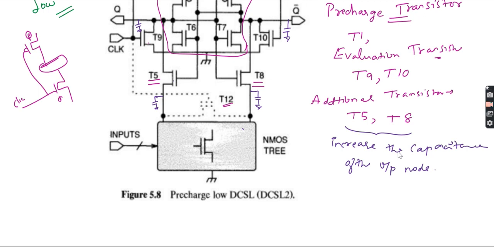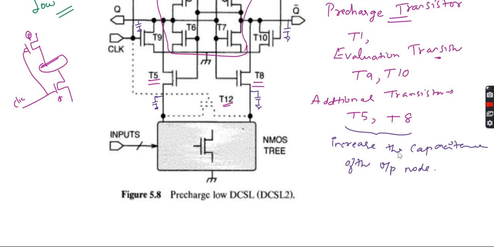Now we need to decouple the NMOS tree from the gate output. This will reduce the effective internal load capacitance seen at the gate output.